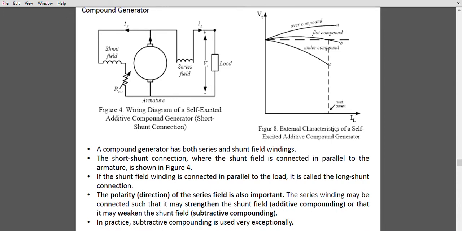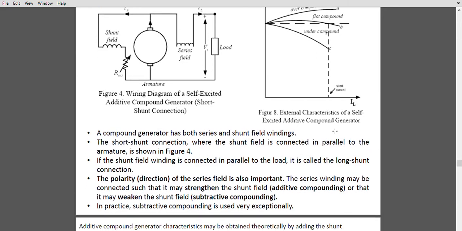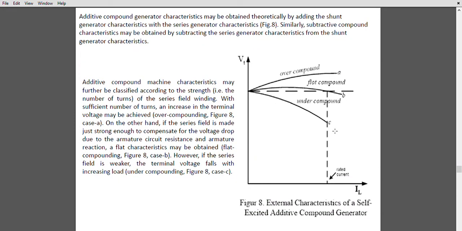Now, coming to the next section. Additive compounding machine characteristics are shown over here, where additive compounding works, or the flat compounding works, and the under compounding or subtractive compounding works.